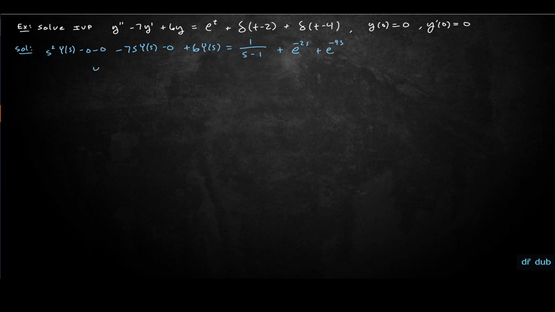So on the left we have capital Y of s times s squared minus 7s plus 6 equals 1 over s minus 1 plus e to the negative 2s plus e to the negative 4s.